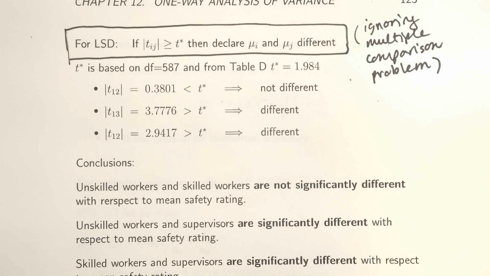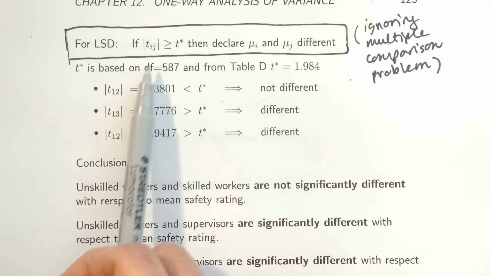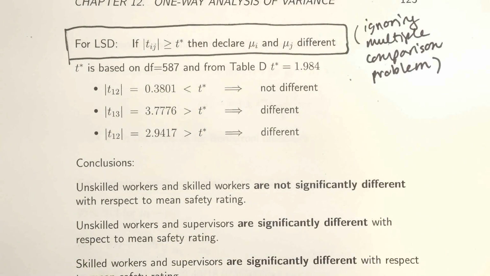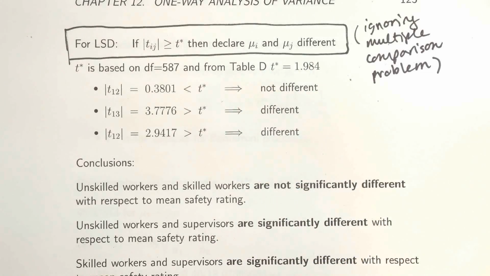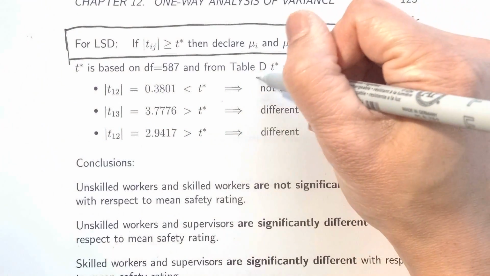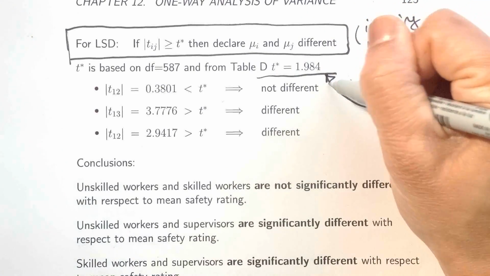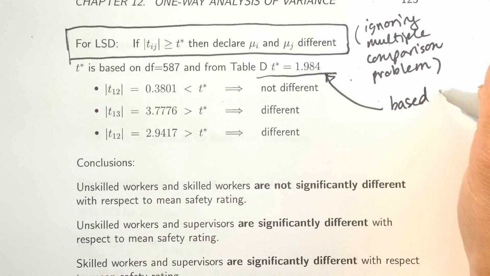For the worker safety rating example, the t-star is based on 587 degrees of freedom. And then from table D, we can look up that we get a t-star value of 1.984. This is actually based on degrees of freedom equals 100 in our table.